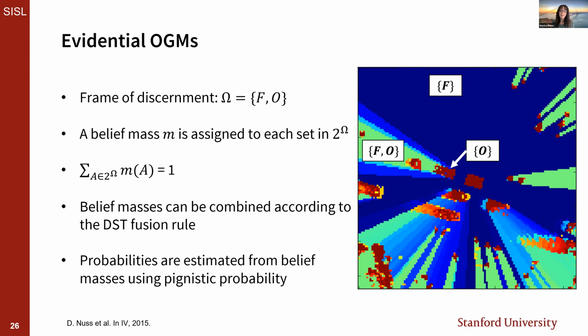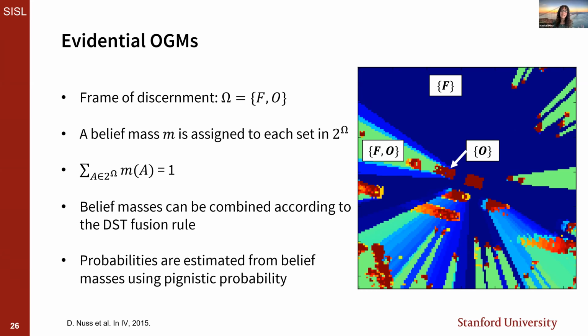In the OGM case, the set is free and occupied space. A belief mass m is assigned to each set in the power set of the frame of discernment. For the OGM, these are free, shown here in blue, occupied, shown here in red, and free or occupied, also known as occluded regions, shown here in green.